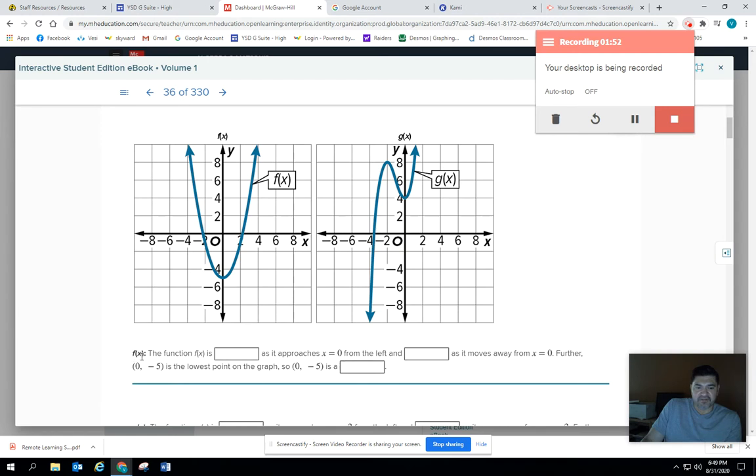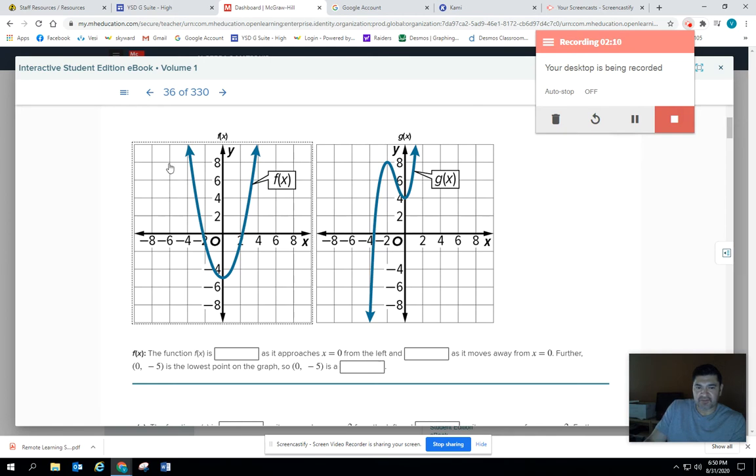Okay, right here, f of x. Now we're talking about this function here. Here is f of x. This over here is g of x. The function f of x is blank as it approaches x equals 0 from the left.